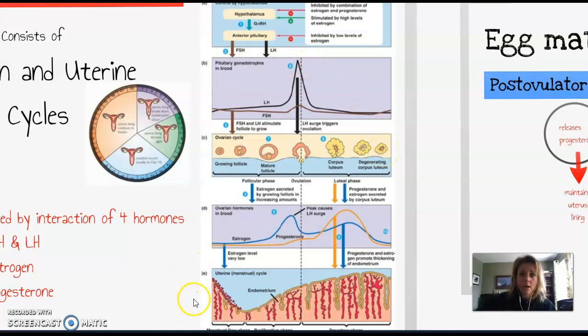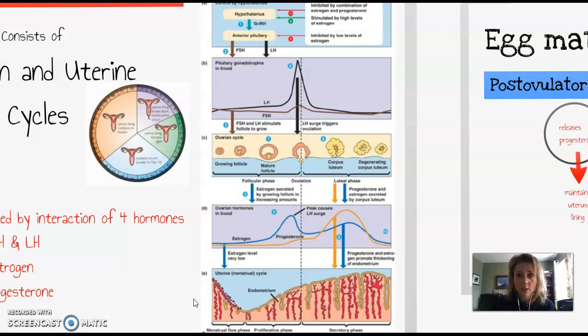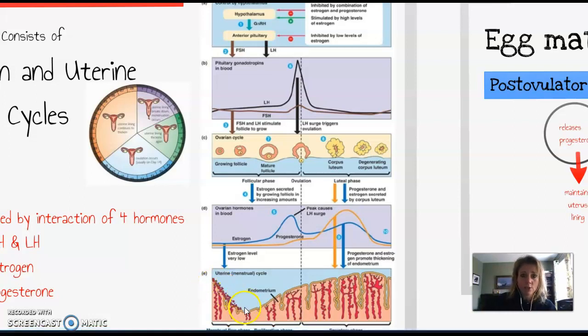With this low frequency of GnRH being released into the bloodstream, the anterior pituitary responds by secreting FSH, follicle stimulating hormone. So even while menstruation is occurring for days 1 through 5, our follicle is starting to grow because of stimulation by FSH.